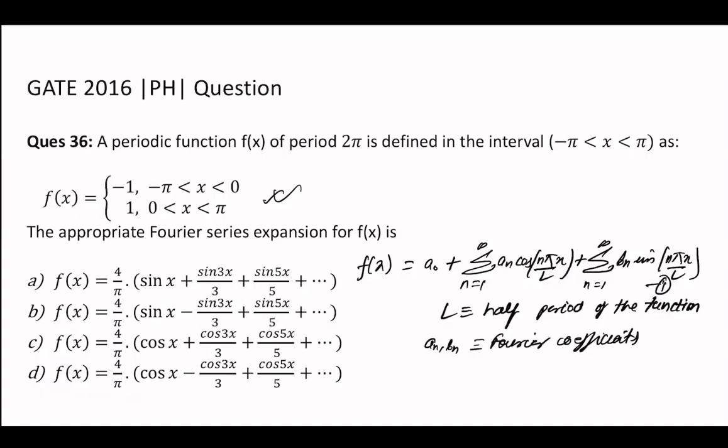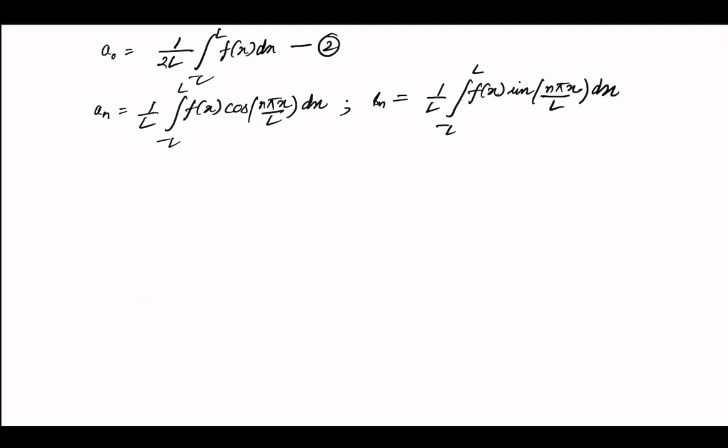So for this given question, if we just plot it, minus pi to pi is the limit of x. So from minus pi to 0, it is minus 1, and from 0 to pi, it is plus 1. So this is the function. This f(x) is asymmetric in nature, it's asymmetric about the origin, that is, it is an odd function.